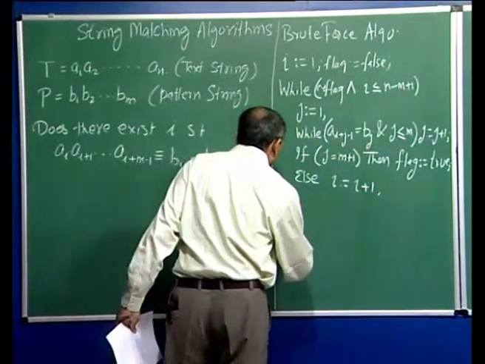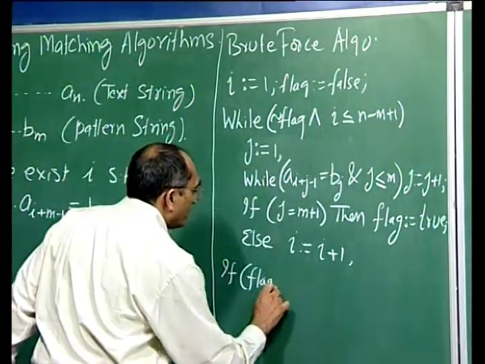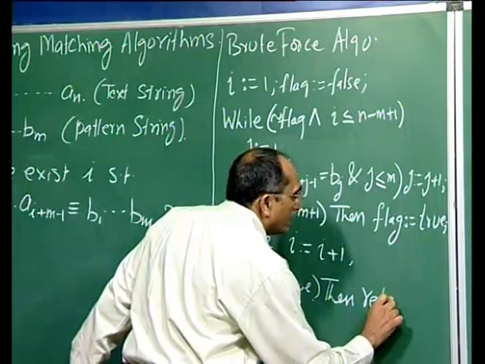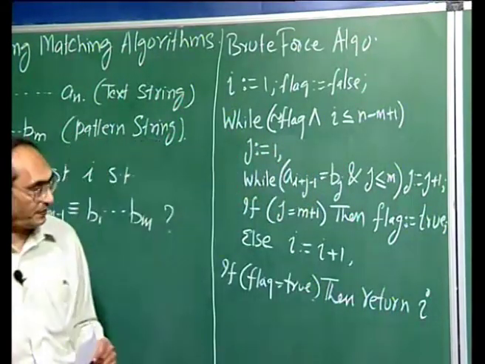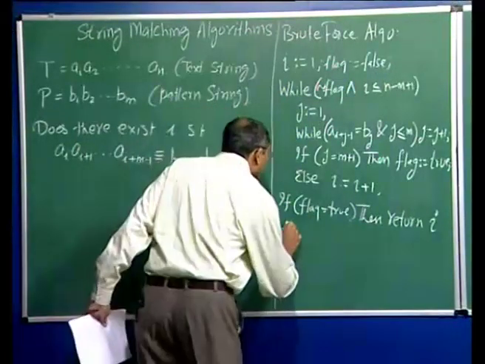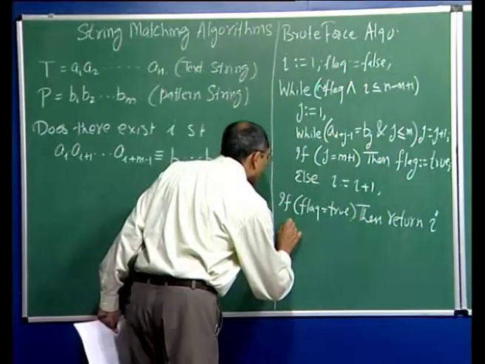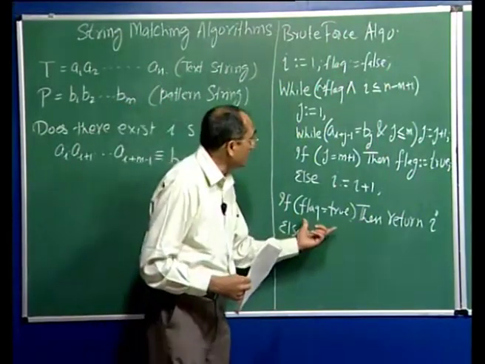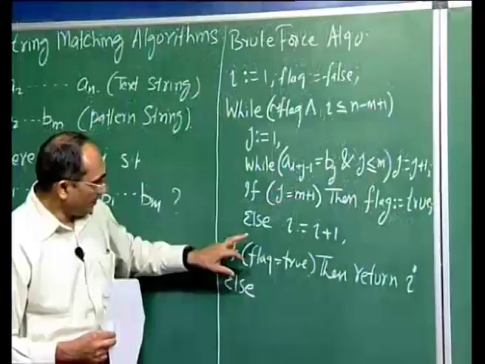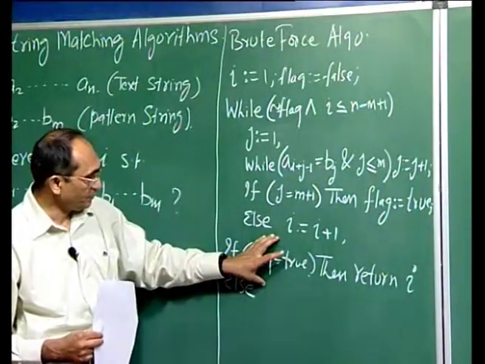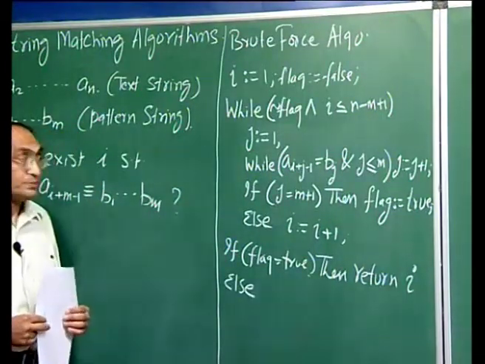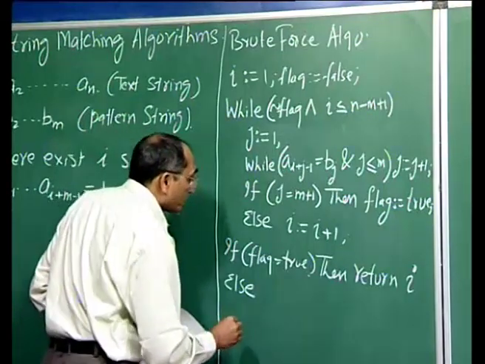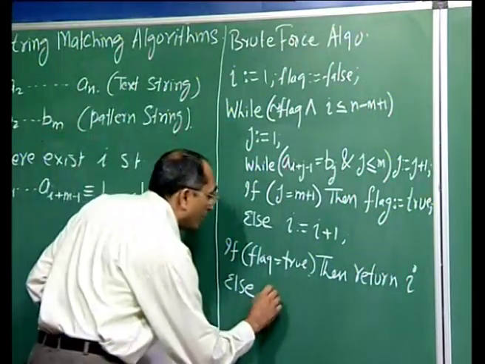So, we will say if flag is true, then return i. i is the position from where we found the match, else, now notice that it is possible that the success was at the very end of the text string, but if the flag is not true, that means we have not found the matching substring. So, we will simply state a failure.